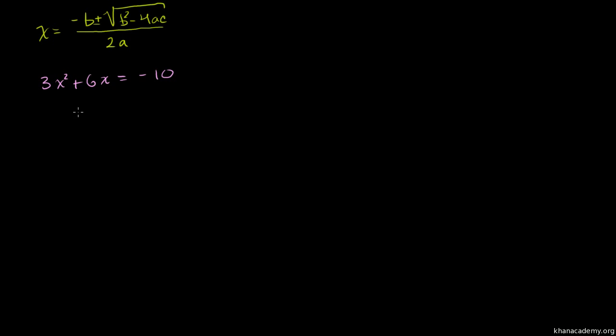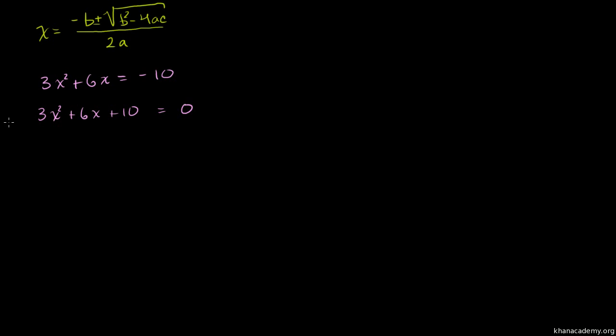Well, the first thing we want to do is get it in the form where all of our terms are on the left-hand side. So let's add 10 to both sides of this equation. We get 3x squared plus 6x plus 10 is equal to 0. And now we can use the quadratic formula.